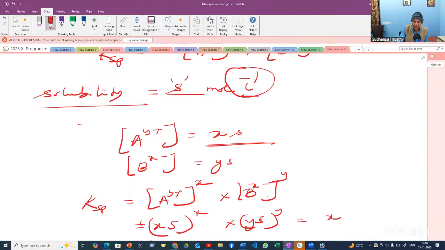So this is x^x into y^y into S^(x+y). This is the general expression for the correlation between solubility product and the solubility.